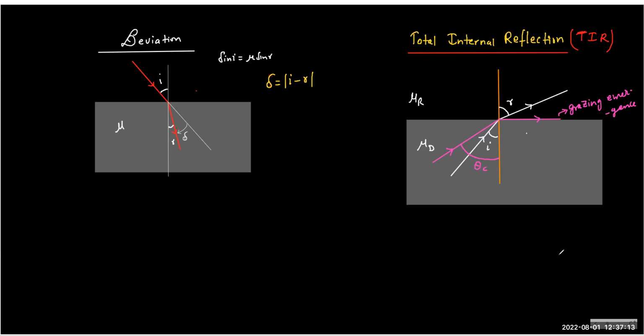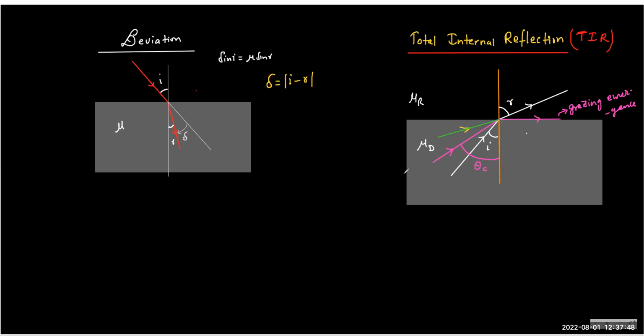So now the question is, what happens if the angle of incidence is more than the critical angle? What happens if the light ray is incident at an angle which exceeds the critical value? And definitely, because it is exceeding the critical value, we have no choice. So the law of refraction will stop.